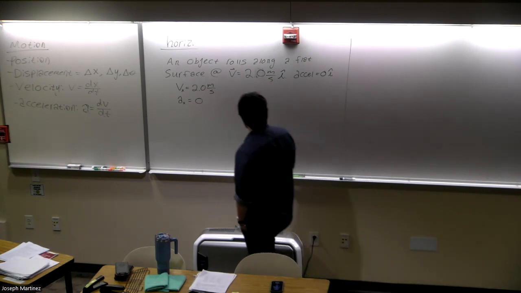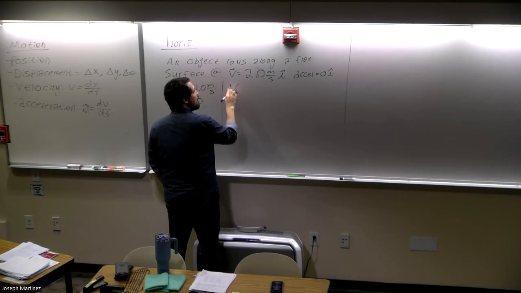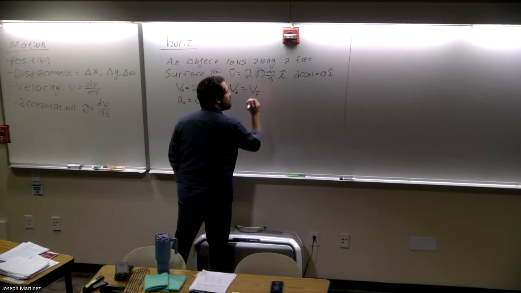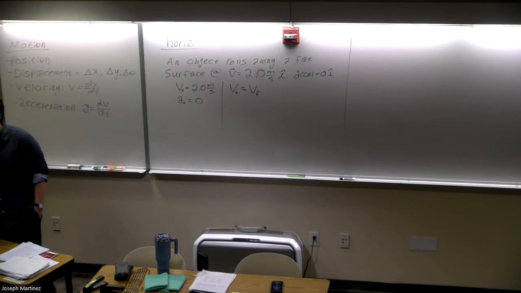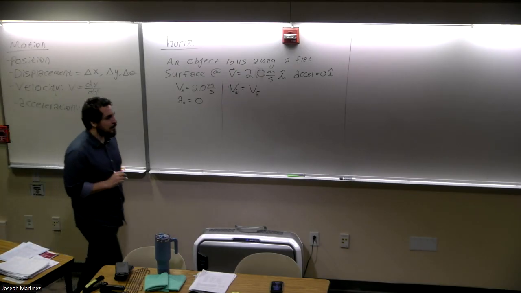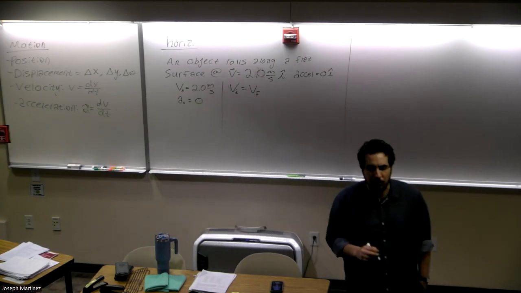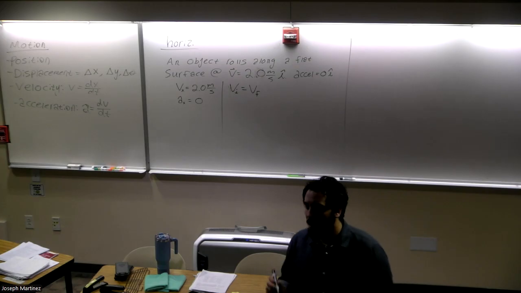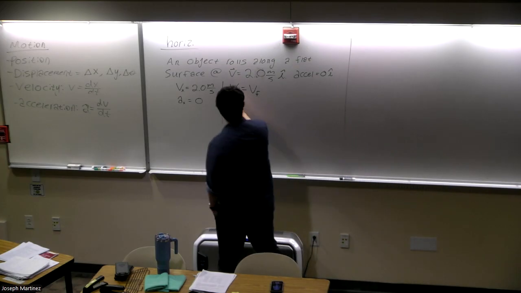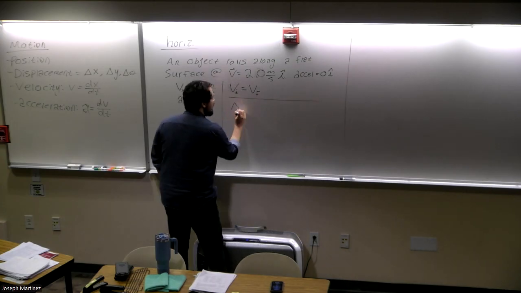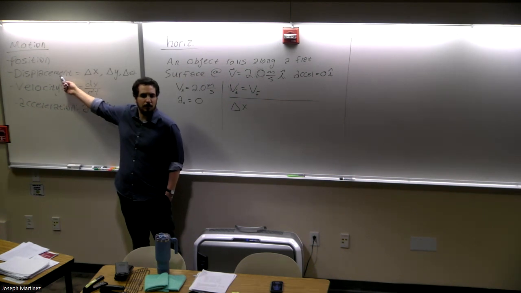What does that mean when it comes to our mathematical models? That means your initial velocity is in fact your final velocity. That is absolutely true. Now, under this case of constant velocity, meaning 0 acceleration, we know that the change in position, but we can also call the change in position what?